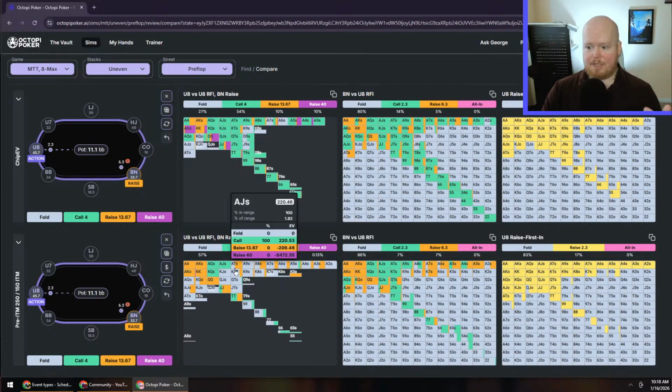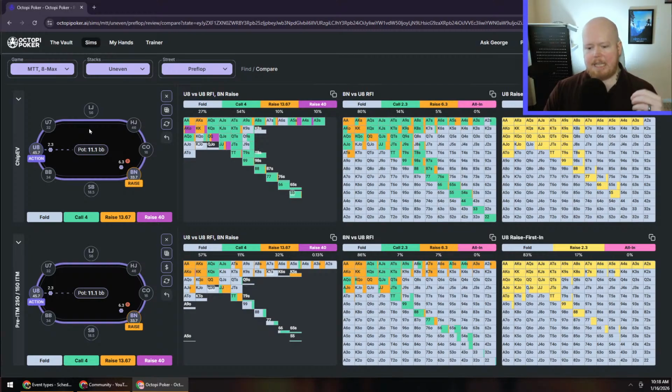You might start to see some ace-10 suited, some king-jack suited, those types of hands might start to call. But you would most likely see a lot of these suited aces and suited kings 4-bet bluffing as well, right? So again, it's pretty easy to extrapolate, or I guess interpolate, considering you've got the two endpoints here. You've got ChipEV and you've got ICM 25. An ICM 50 strategy is going to be somewhere in between those two things.